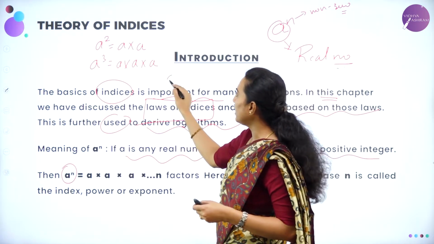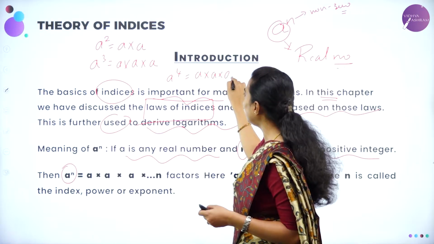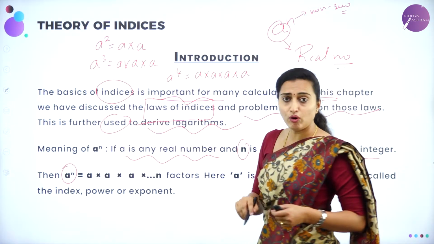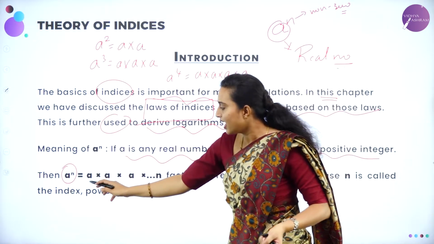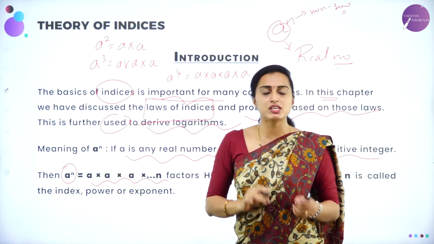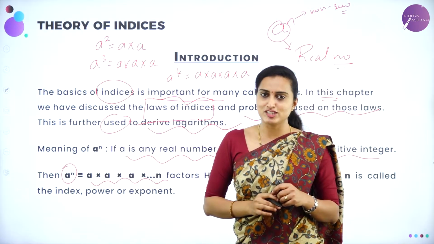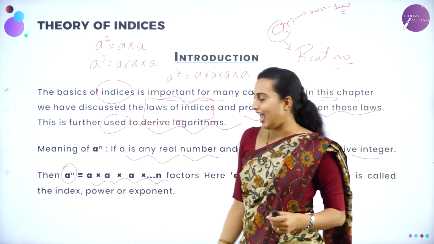Similarly, if it is a power 4, we write a into a into a into a. Therefore, if it is power n, we write a into a into a and so on, up to n number of terms. Understood? This is how we split a power n.